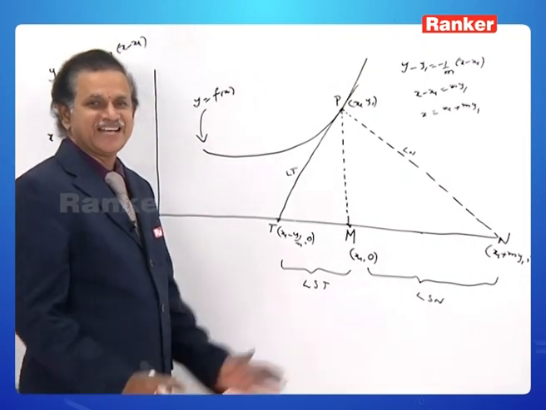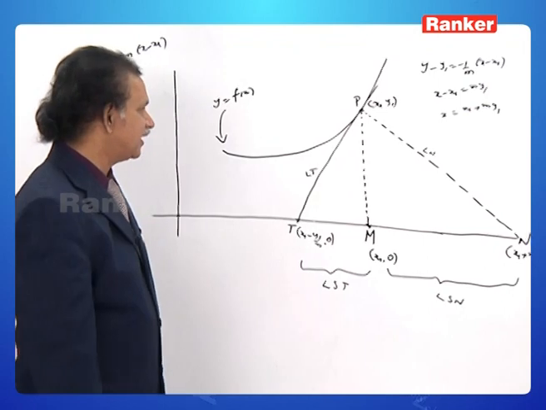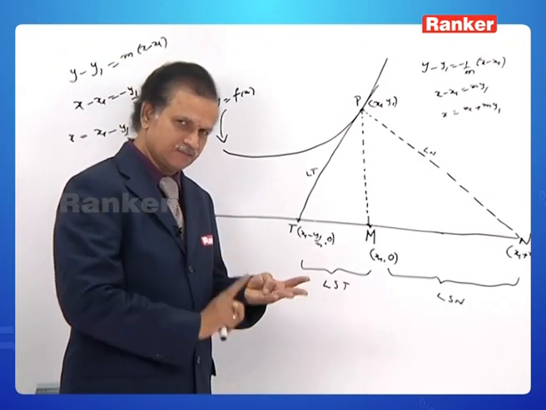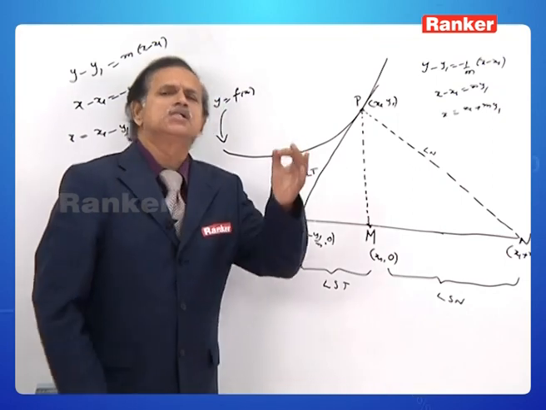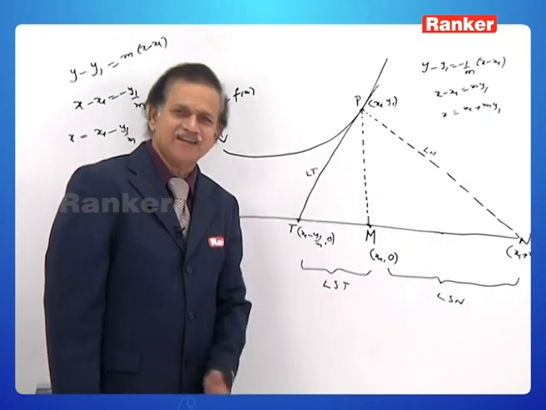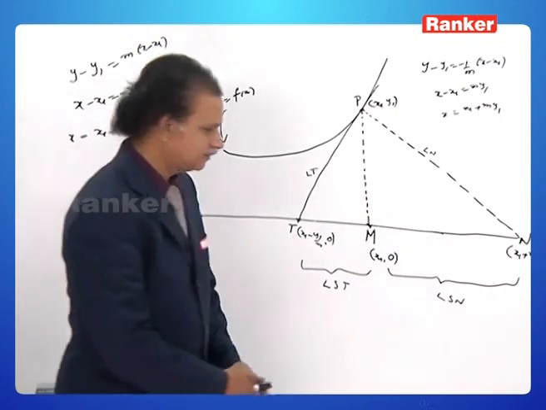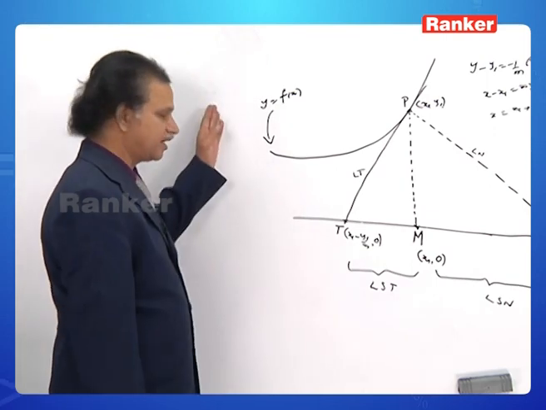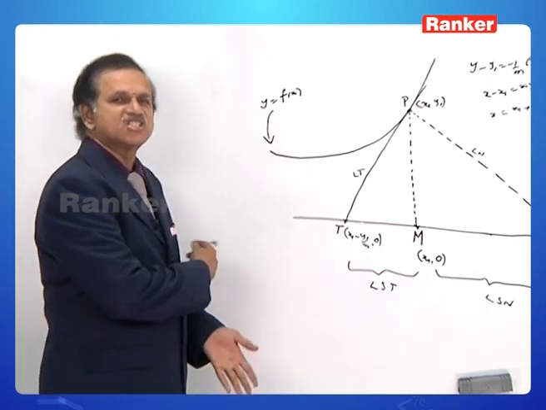Now we are ready to give the formulae for length of the tangent, length of the normal, length of the subtangent and length of the subnormal, simply by looking at the graph itself. Let us see. Just for the sake of calculation, I removed the x-axis and y-axis to save some space.